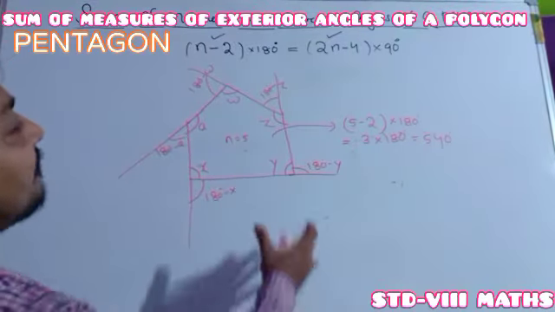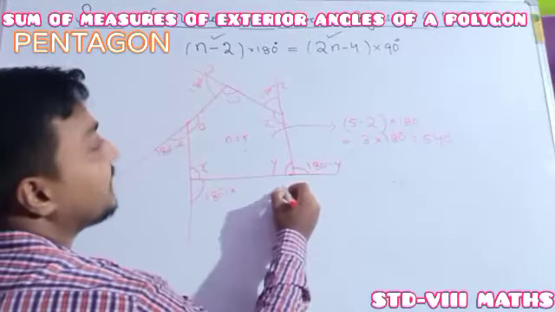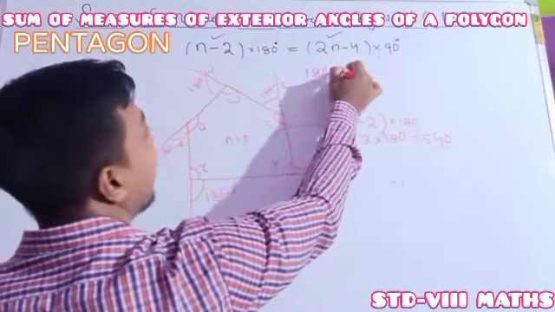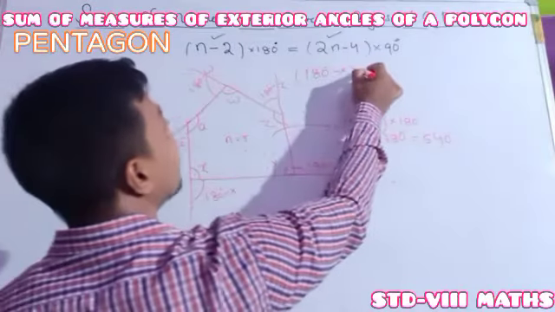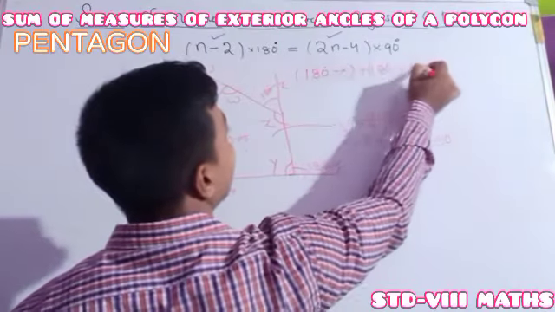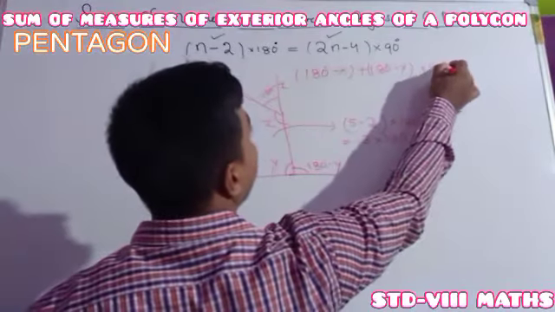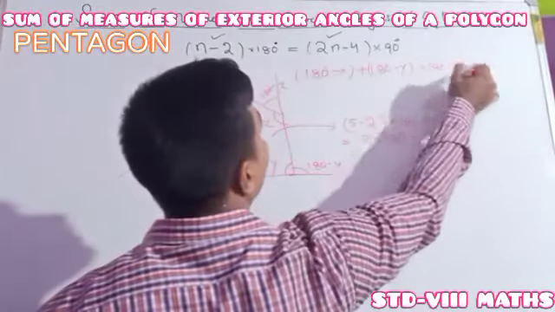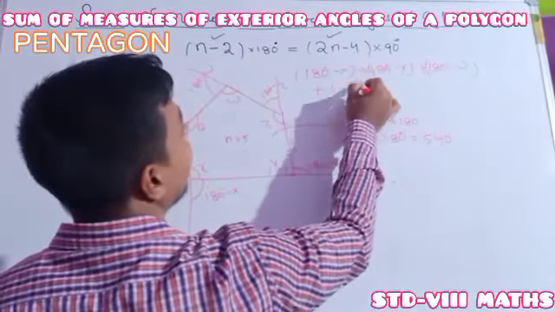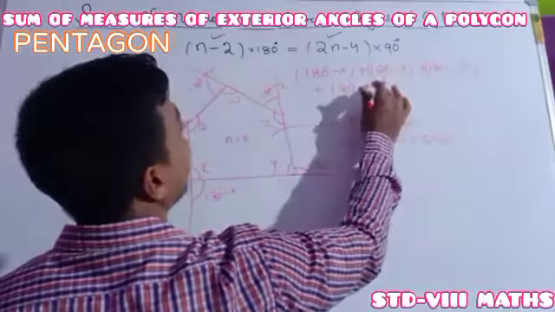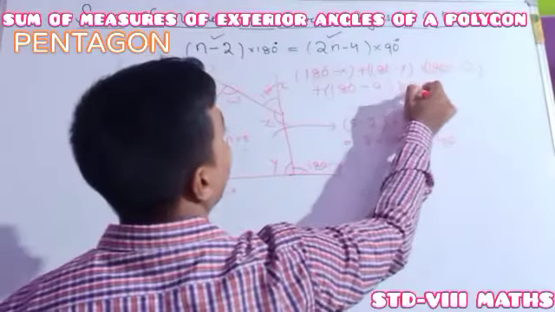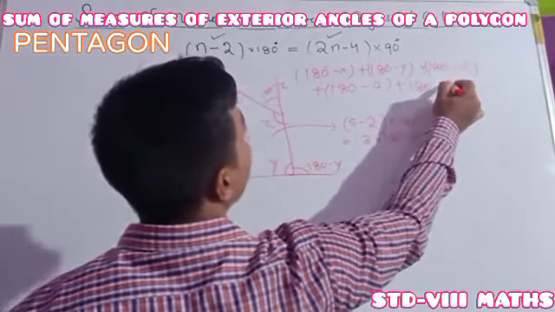Whenever I add all the exterior angles, it should be 180 degrees minus x plus 180 degrees minus y plus 180 degrees minus w plus 180 degrees minus a, and another one, plus 180 degrees minus z.